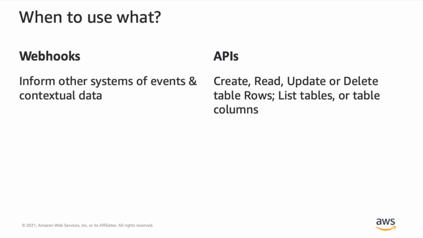We find that some of our customers use API Gateway and Lambda to process events from Honeycode in interesting ways using this webhook mechanism. Alternatively, if you care about reading and writing data to Honeycode tables, then you can consider the table CRUD APIs. We have some customers who move data this way. And we also have an example on our forum where one of our solutions architects built an example to pull data from Honeycode and visualize it in QuickSight. It's really cool, and you should check it out if you're interested in it.